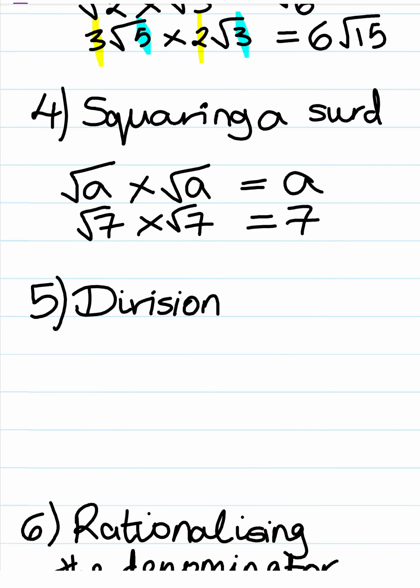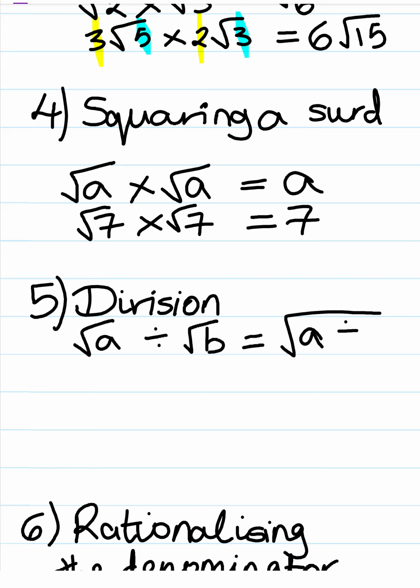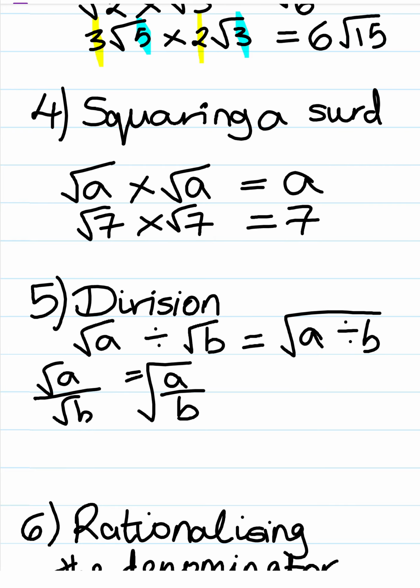Now, division of surds works quite similar to multiplication, in that if you do the square root of a divided by the square root of b, this is the same as the square root of a divided by b, much like multiplication worked. You could also write this as root a over root b is equal to the square root of a over b.